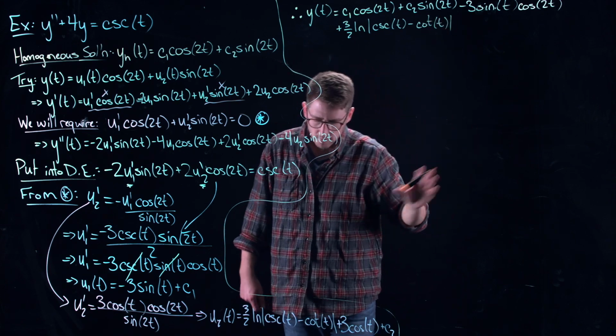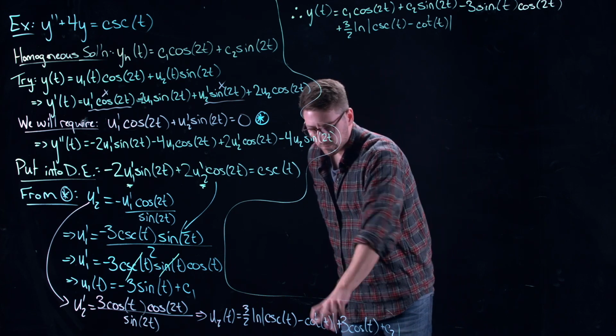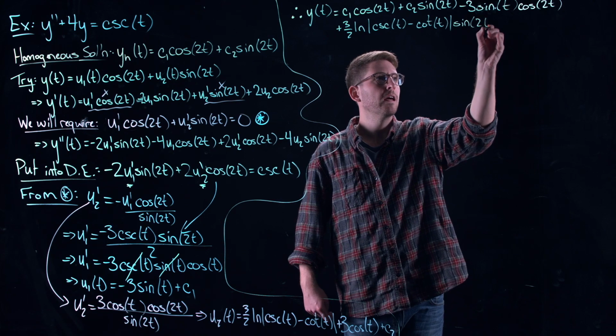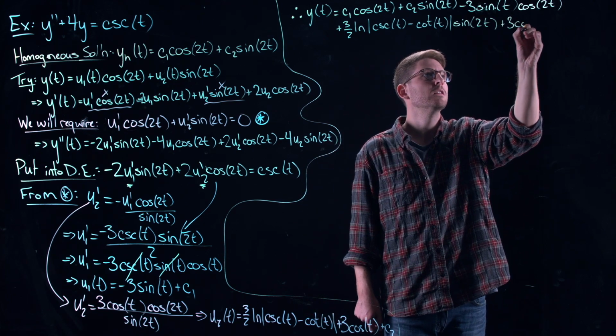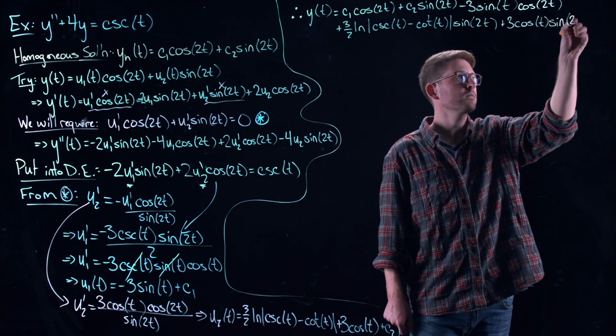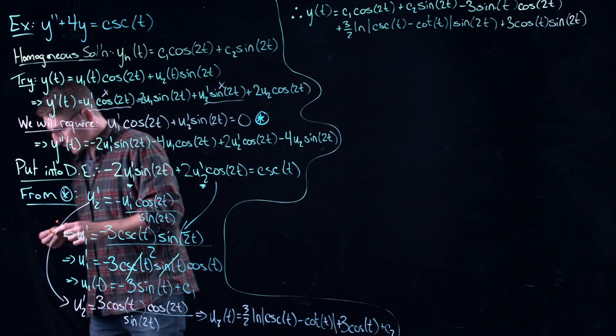They're just functions, right? They're ugly, but that's okay. First of all, this thing is multiplied by sine of 2t. And then the last term out here, plus 3 cos of t sine of 2t. And that gives us our solution to the differential equation.